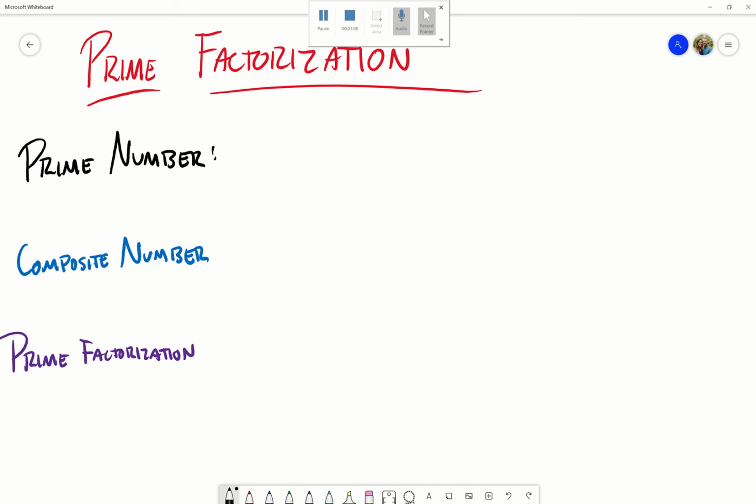So, a prime number is a whole number greater than 1 that has exactly 2 factors.